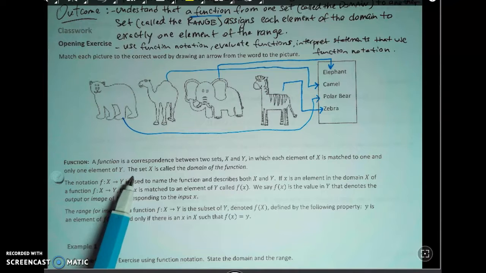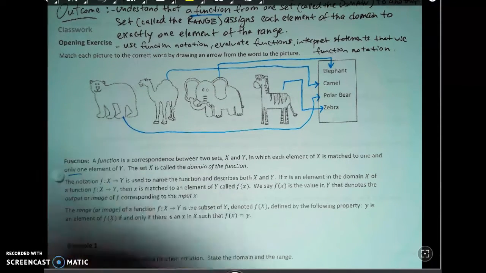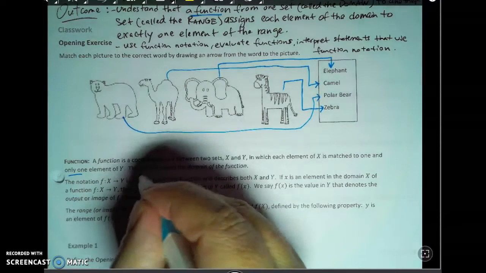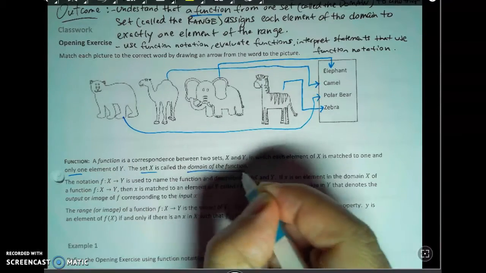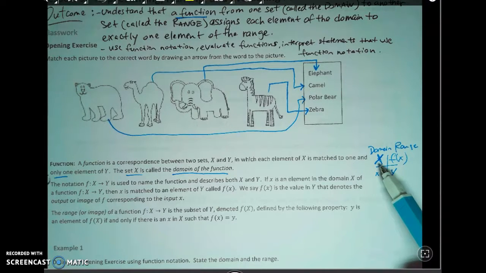Okay, so below this we have the actual definition of function. Function is correspondence between two sets, x and y, in which each element of x is matched to one and only one, okay, this is important, element of y. The set x is called the domain of the function, so make sure you underline that. So the whole thing about all this wording here is that you have an input, which is our domain, which is our x, and f of x, which is our range.